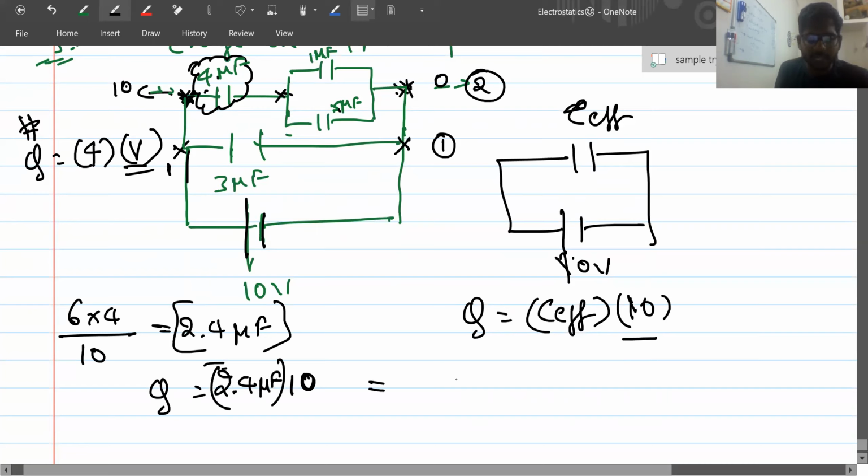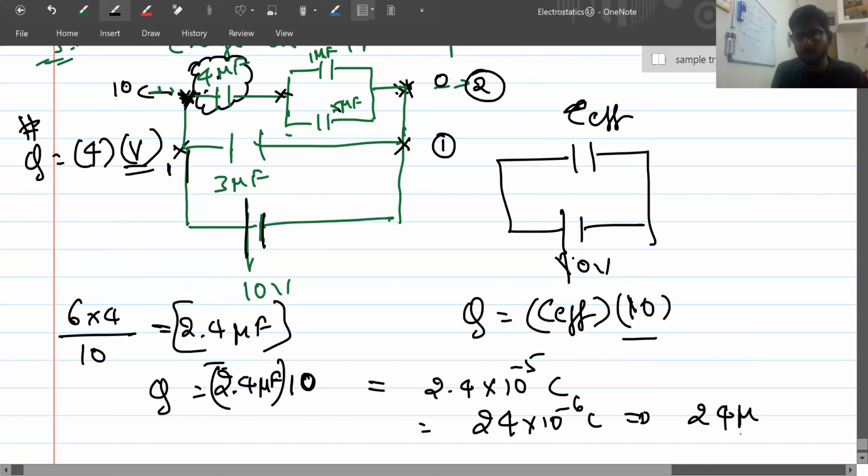Then the charge will be 2.4 into 10 power minus 5 coulombs, or otherwise 24 into 10 power minus 6 coulombs. That implies 24 microcoulombs will be the answer. So the same 24 microcoulombs will be on the 4 microfarad capacitor, and the same 24 microcoulombs will be distributed to the 1 microfarad and 5 microfarad capacitors.